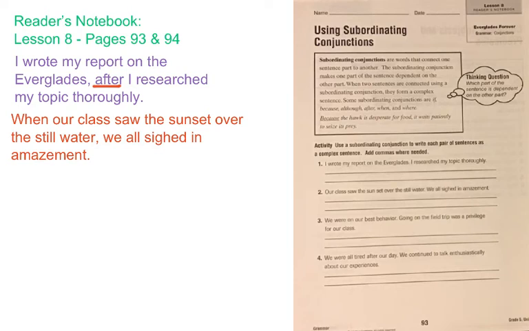So in this sentence, I chose to use the subordinating conjunction when. When our class saw the sun set over the still water, we all sighed in amazement. I'd like you to complete numbers 3 and 4 on your own, and when you're finished, you can move on to the next page. And we're on page number 94.